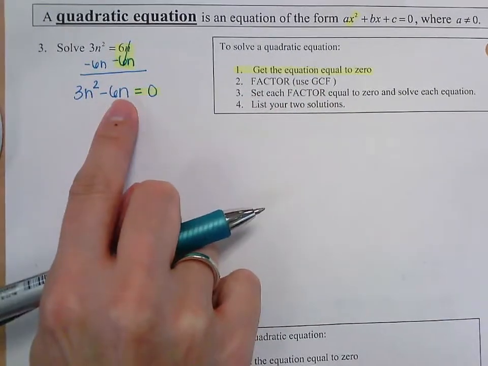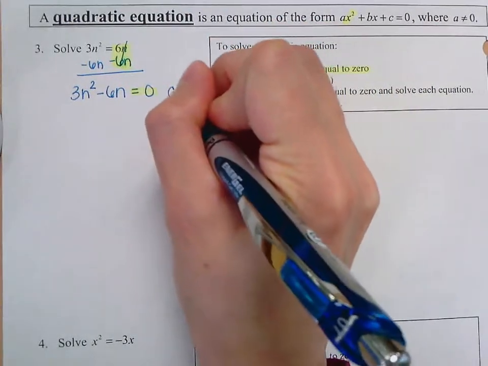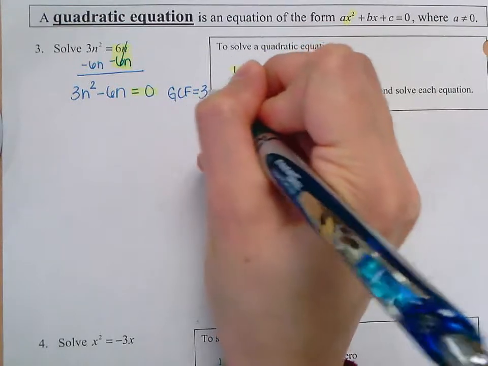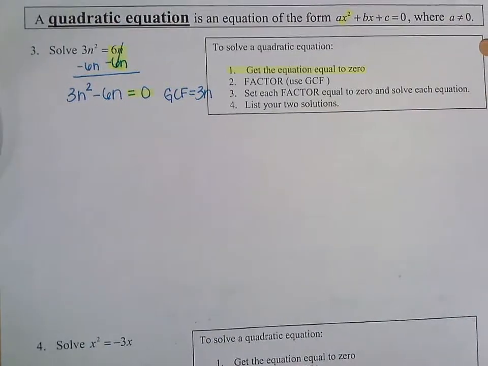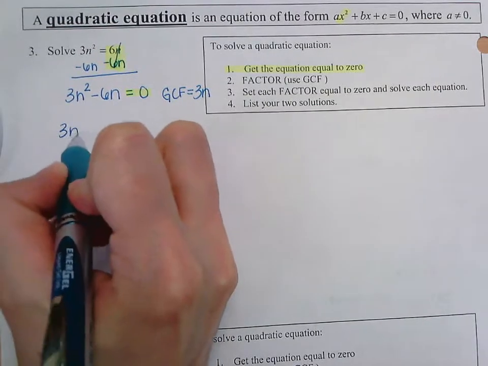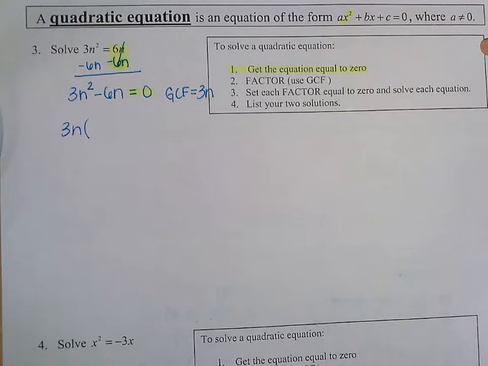So 3n squared, 6n, what is the GCF? Nadia? 3n, yes. Okay, so I have 3n in front of my parentheses.